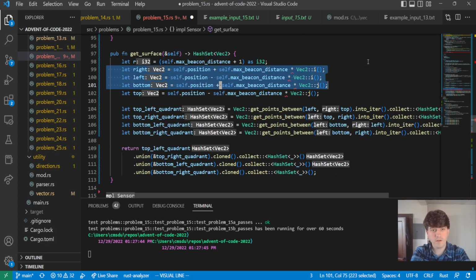Searching everywhere. There we go. Max beacon distance becomes r.